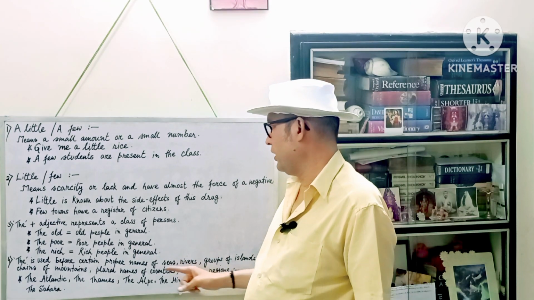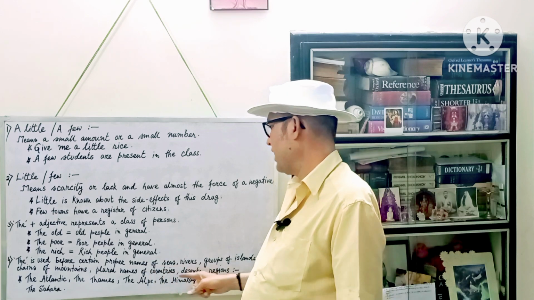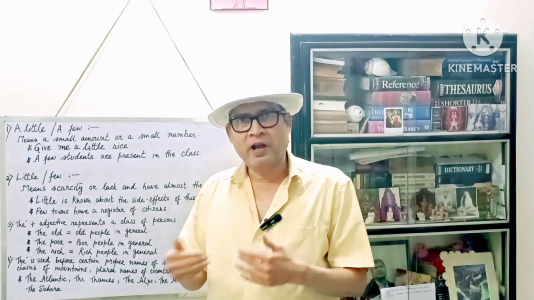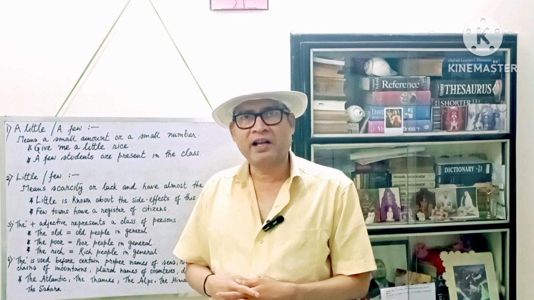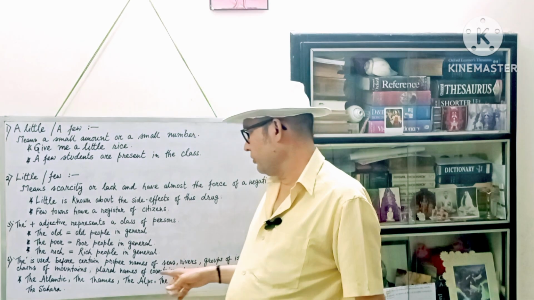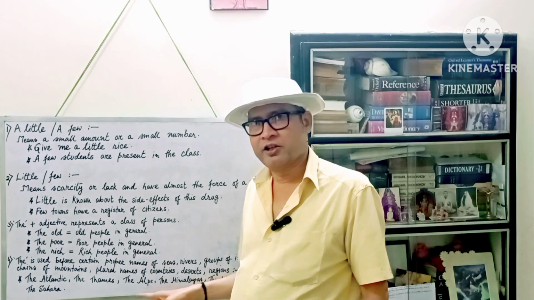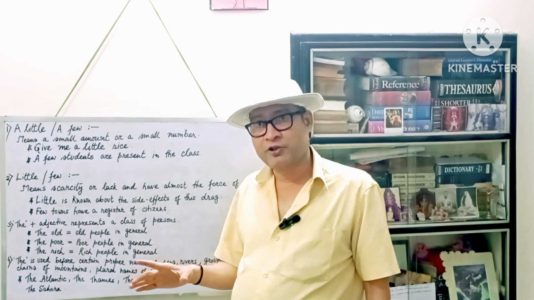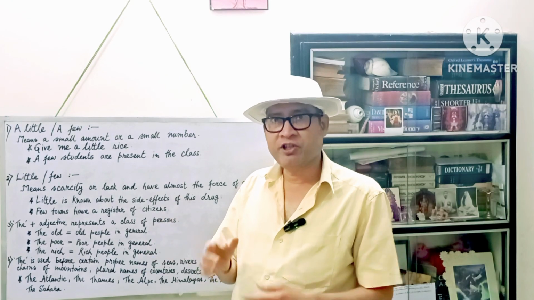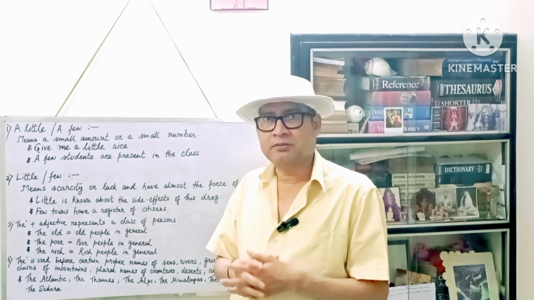Then also the names of countries. Yes, names of countries. USA, United States of America. Here you see plural names of countries, not in general countries, but the plural name of a country must be preceded by the definite article the.